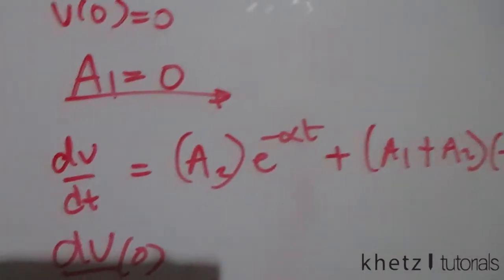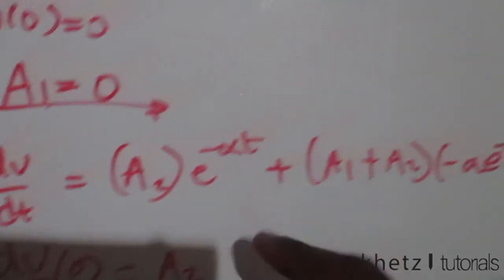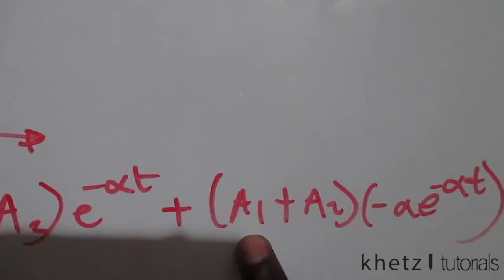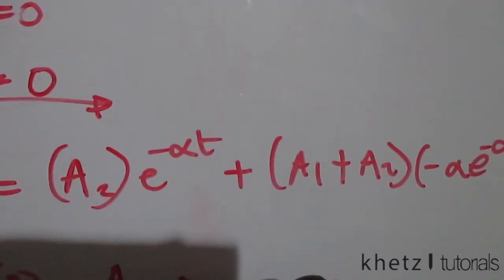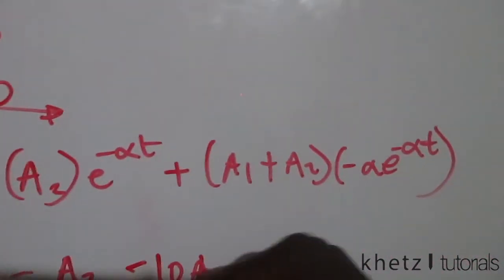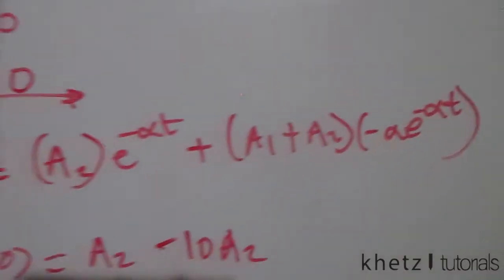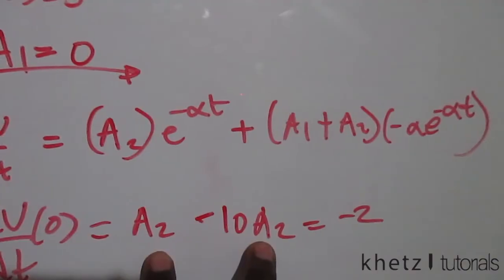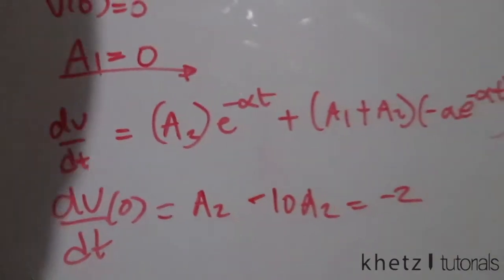Substituting 0 over here, we're going to have A2. Here, this is 0, a value which we found before, A1 is 0, and there we're going to have negative the damping factor, which we found to be 10. So negative 10 multiplied by A2, that is going to be 1, equals minus 2.